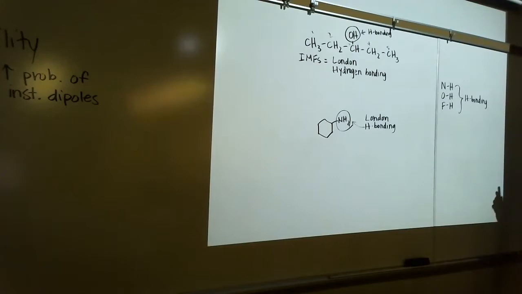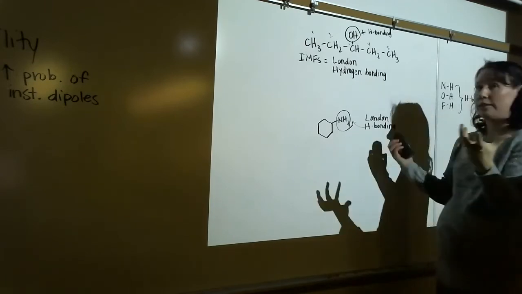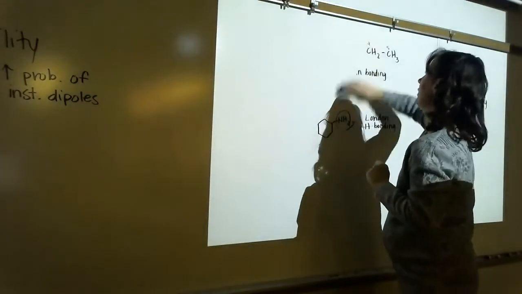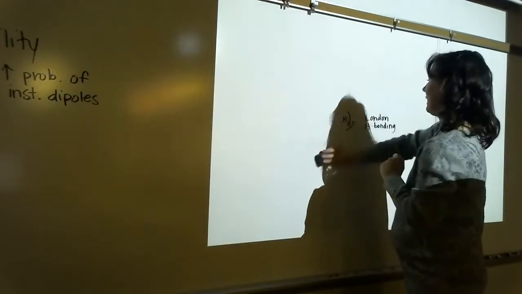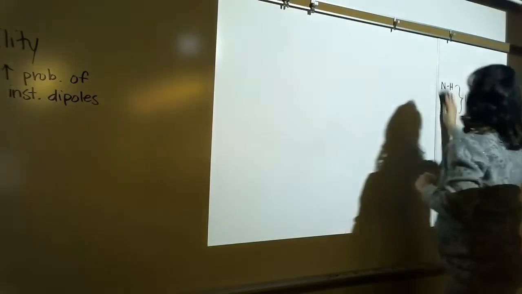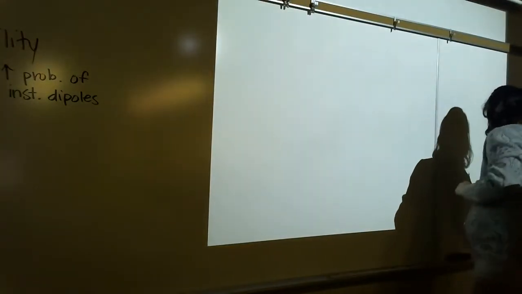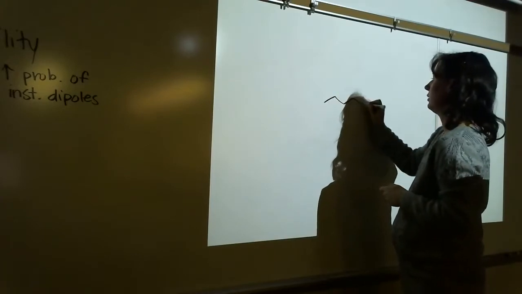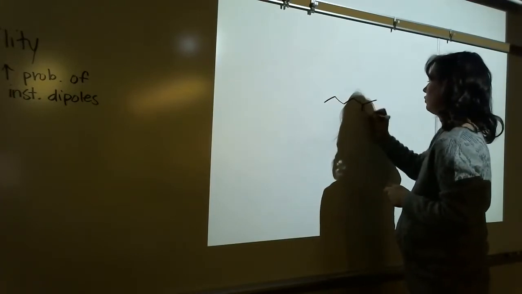Okay? Does that make sense? So it's not necessarily the entire molecule, just certain pieces of it. Now here's a scenario where we can have all three. We'll see some more examples of this throughout the semester. I'm just getting lazy, so I'm using shorthand.